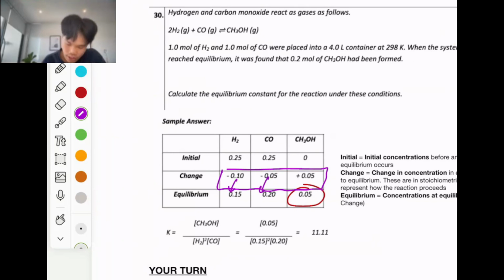Important to note in your change column, this is all in stoichiometric ratio. So the ratio here is 2 to 1 to 1, which is why the changes are in a 2 to 1 to 1 ratio. And subbing in those equilibrium concentrations into K, this gives you a 11.11 K value.